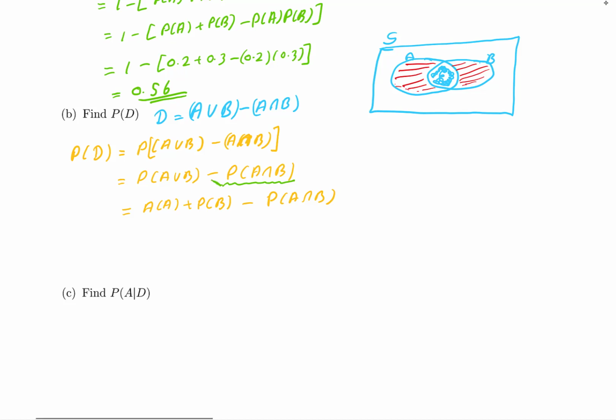Negative sign. Therefore, we can make this 2 times that. Then probability of A plus probability of B minus 2 times probability of A times probability of B. Now you can plug in the numbers: probability of A 0.2, probability of B 0.3, minus 2 times probability of A times probability of B. The answer is 0.38.